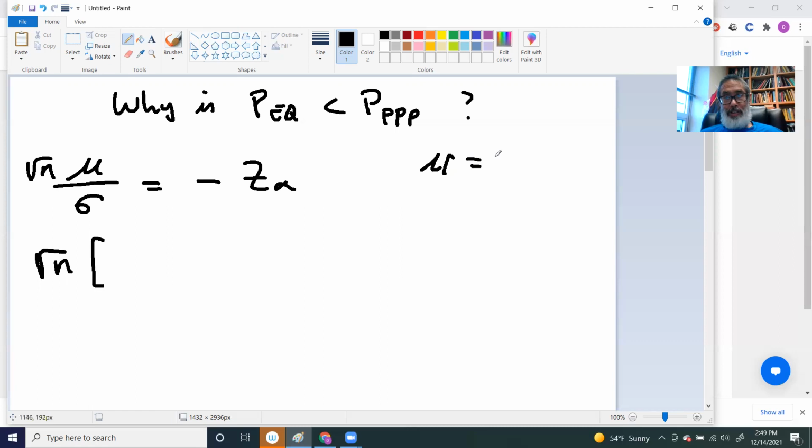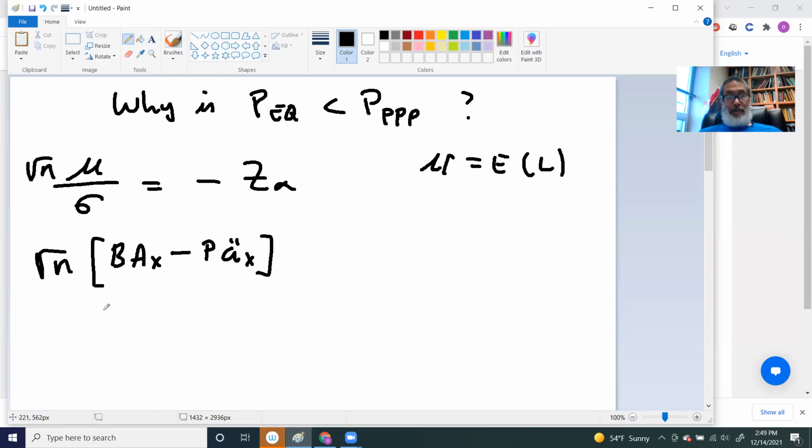So mu is just the expectation of the loss variable. Well, it's going to be the benefit minus P times this. That's going to be the numerator, right?